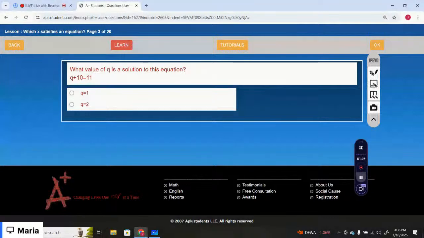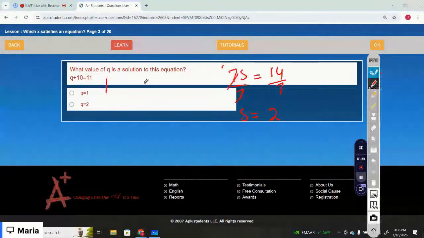What value of q is a solution to this equation? So which is the correct option? Isolate the variable q and move the 10 to the other side, so it would be then subtracted. So 11 minus 10 is 1.